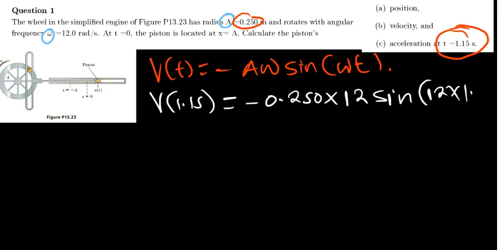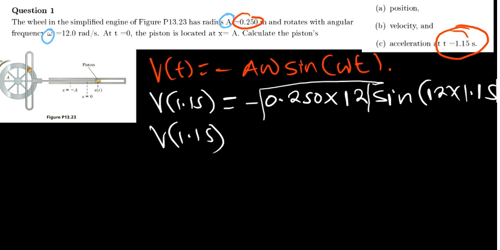So what I would like us to do is we first find this on its own. Remember the calculator is supposed to be in rad. 0.250 times 12 is giving me 3.